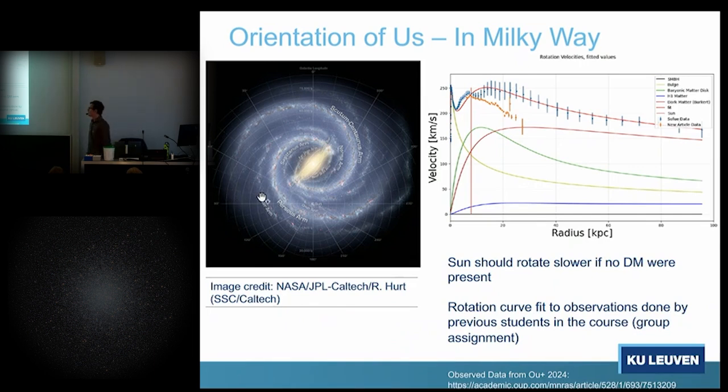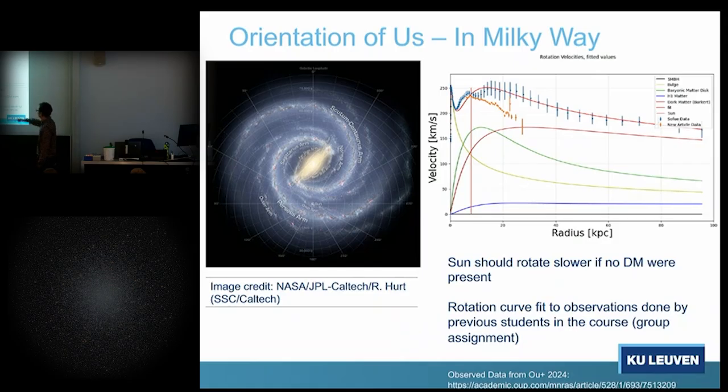Now, in spiral galaxies, we've hinted that they rotate. We can try to infer this rotation rate around the center of our own Milky Way. And then we come to the conclusion that, indeed, if there were no more matter present than what we see in the visible parts of the Milky Way, we should rotate slower.